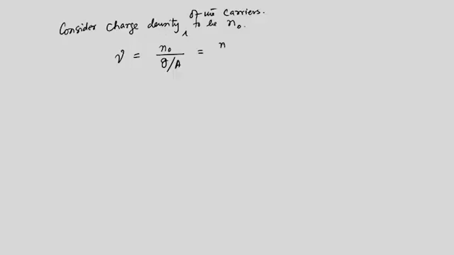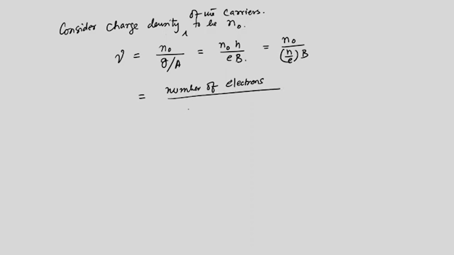And we are now talking about a given value of the magnetic field, and this is equal to n 0 h divided by e B. I can write this as n 0 divided by h over e into B. So, that is the flux quantum. So, this is the number of electrons divided by the number of flux quanta.